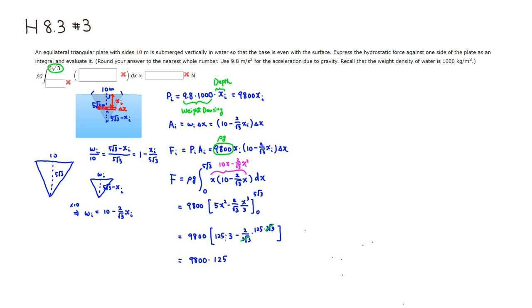So what's this? You have 125 times 9800. So I'm just going to bring down the 2 zeros. 8 times 5 is 40. 2 times 8 is 16, so it's 20.